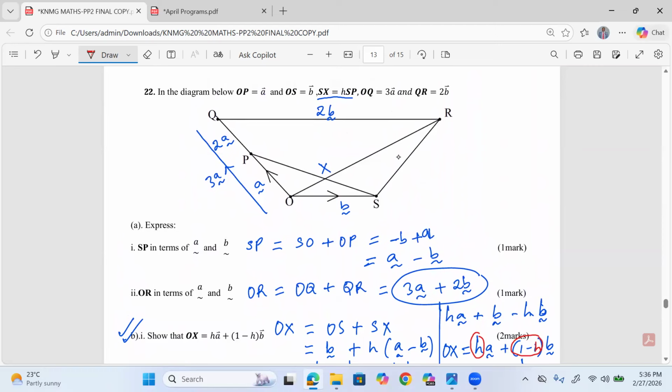OR is the whole length. So a fifth, 1 out of 5 proportions of OR.